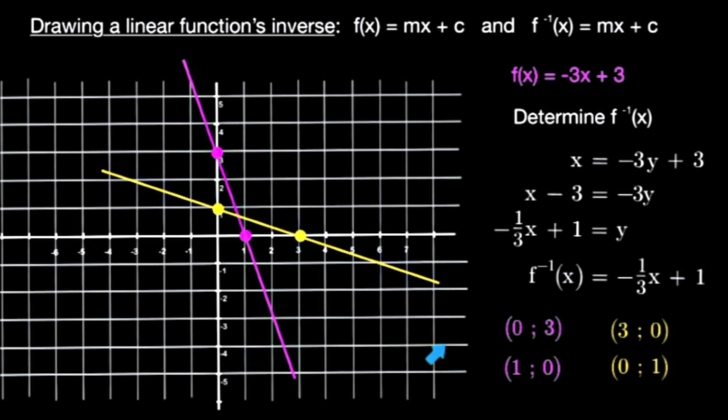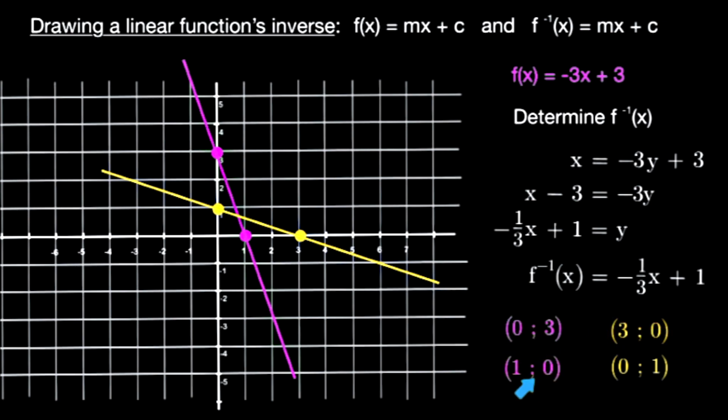Before we continue, I just quickly want to point out the following. Do you see that these were the coordinates of the y-intercept of our original function? If we swap these two coordinates around, we simply get the x-intercept of our inverse.